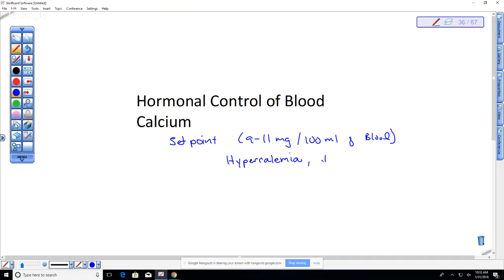So it decreases excitability of the muscles. And then we can also have where the blood calcium is too low. This would be hypocalcemia. And when it's too low, this actually increases the excitability of the muscles. So we'll talk about the role that calcium plays in muscle contraction next quarter.